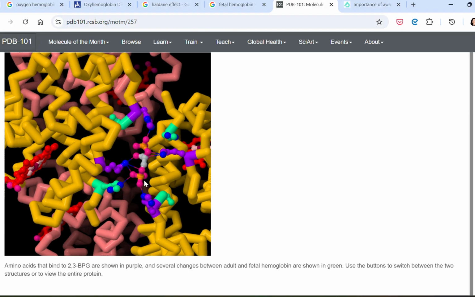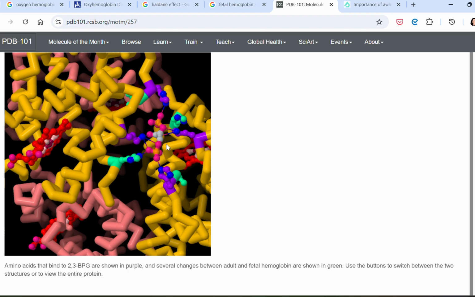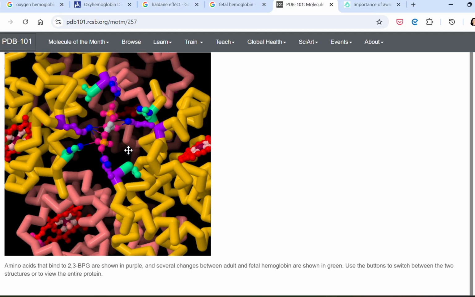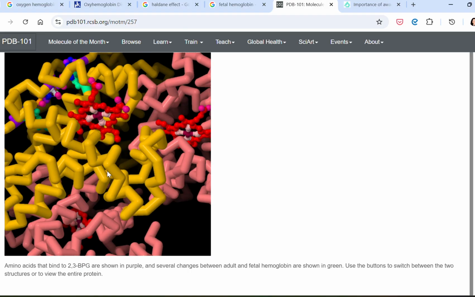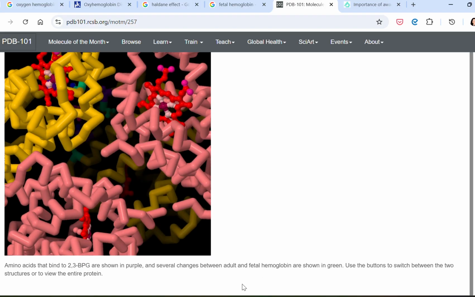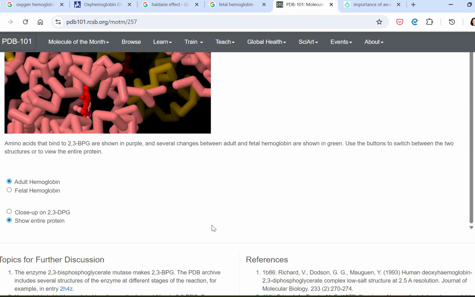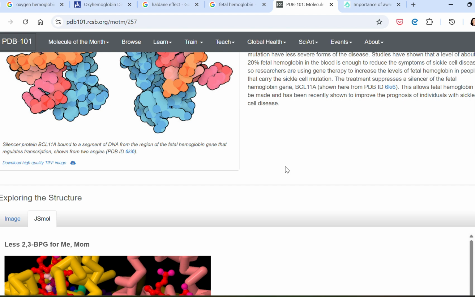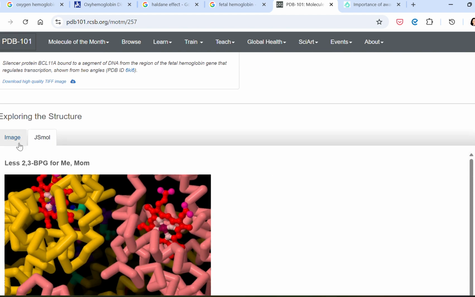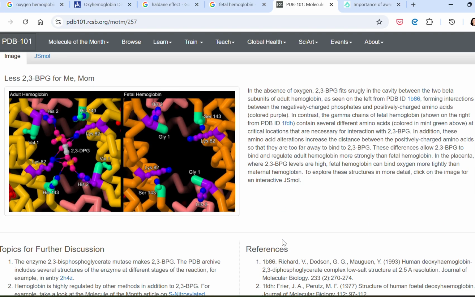The heme group, the different amino acids bound by this DPG. Obviously, everything that changes the affinity or binding capacity has the ability to change the conformation, and by changing conformation you change the functionality of that protein as well.